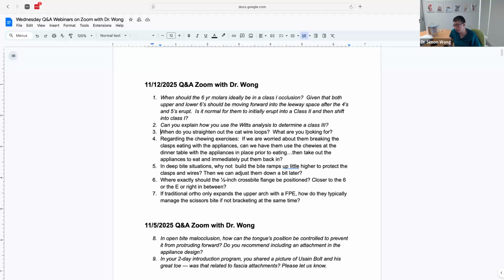So if I want some form of control of the laterals, for example, I would prefer to have that controlling wire be the free end of the cat wire. As we expand, that free end draws more towards the midline and moves away from the laterals.